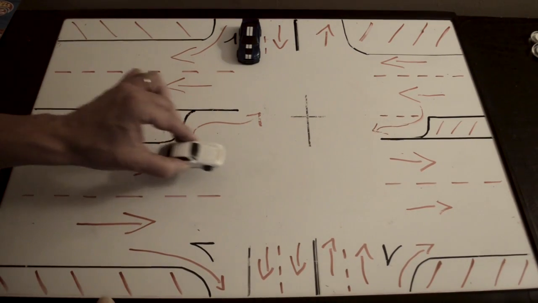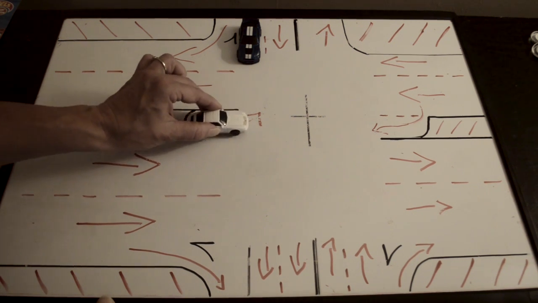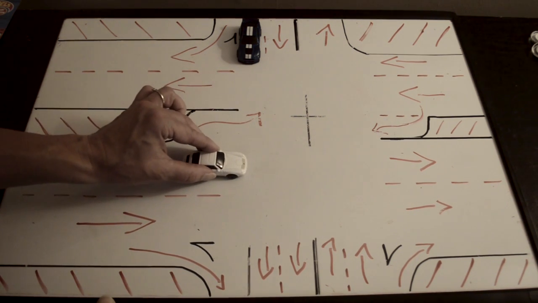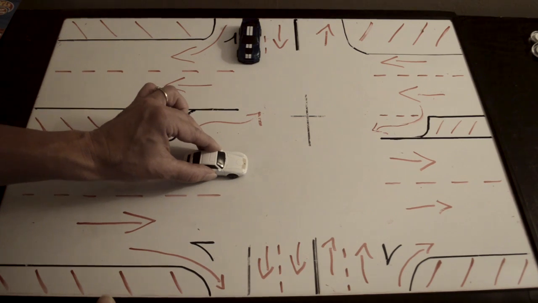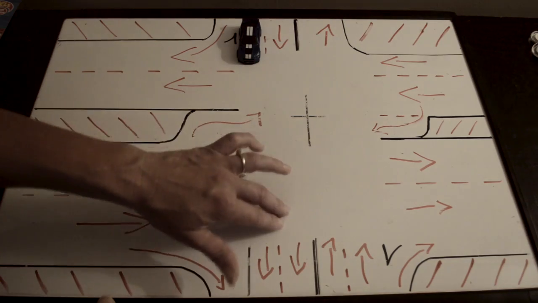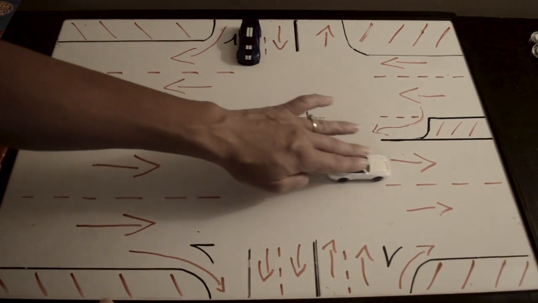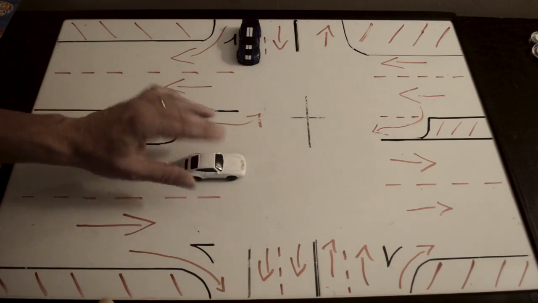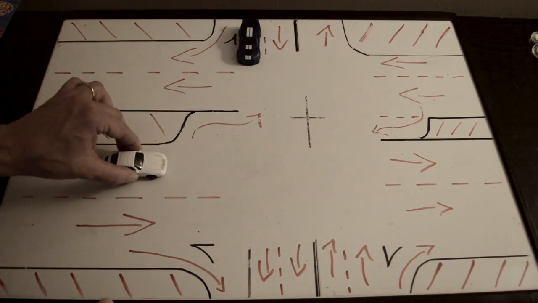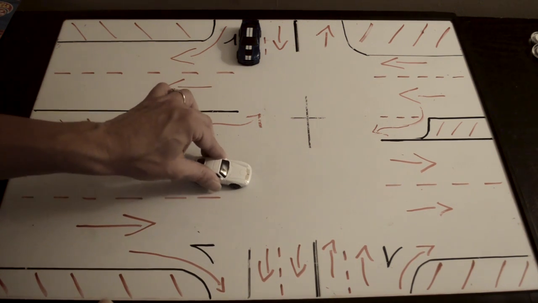So I always do that when the light turns green, especially if I'm stopped at a light here and it turns green. I always look first to make sure nothing is coming, and then I go. So probably annoying to the people behind me, but I just think that's the smartest thing.